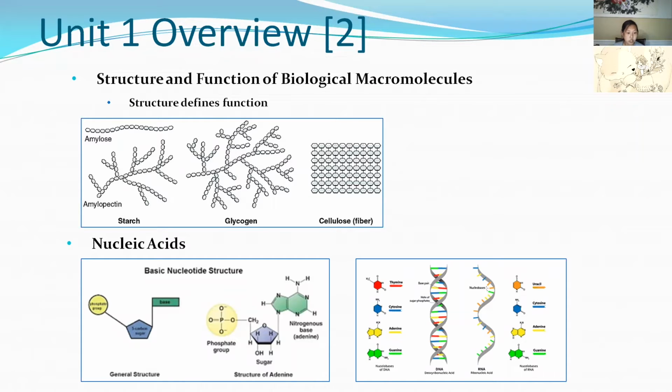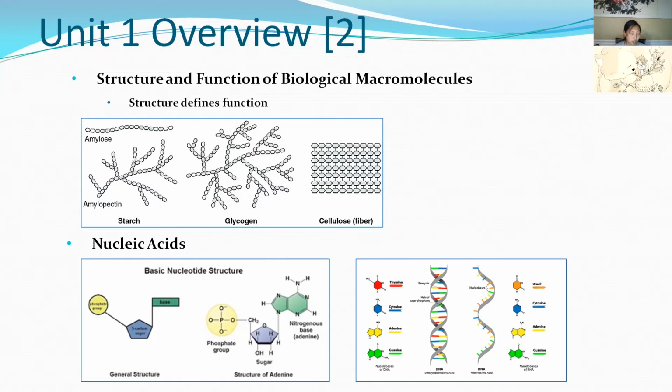So the way it's structured, for example, cellulose on the very right is structured very neatly and compactly, which allows it to be what holds the plant's shape in the plant wall. So cellulose is what makes plant walls. It also is what makes it indigestible for humans, while starch and glycogen are both energy stores in different ways and that we can digest. So structure defines function.